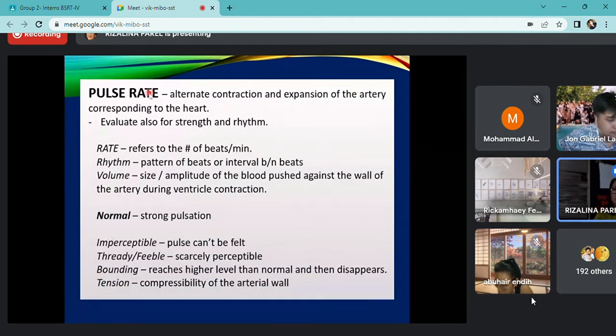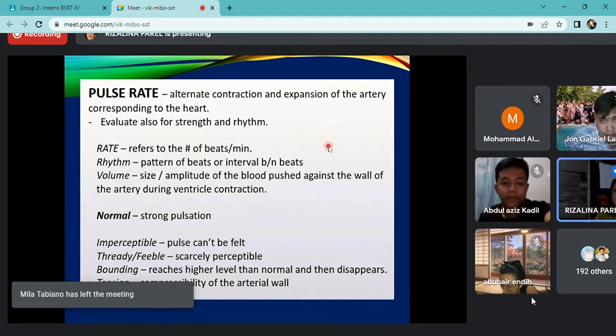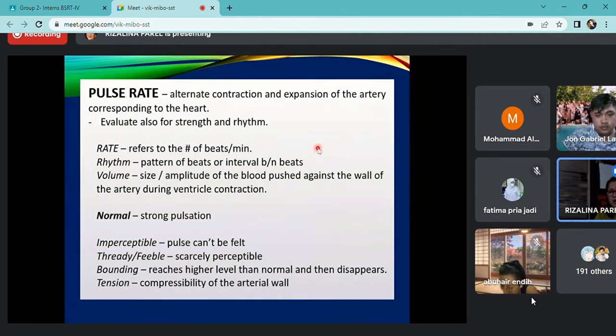And moving on to pulse rate, we know that this is the alternate contraction and expansion of the artery corresponding to the heart. So here we are evaluating the strength and the rhythm of the pulse. Okay, tinitingnan natin kung mabilis ba, malakas ba, at nasa pattern ba ng pagbigay ng kanyang cardiac output and yung flow ng blood.